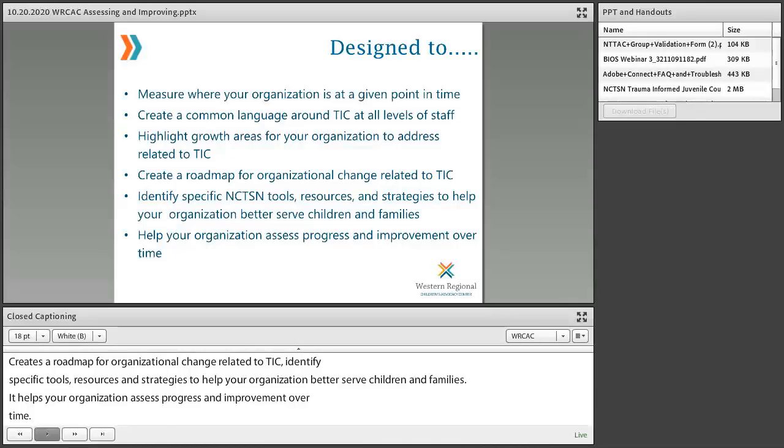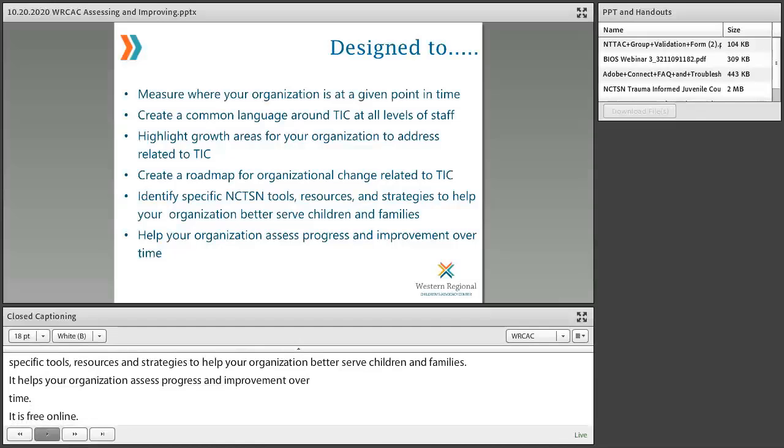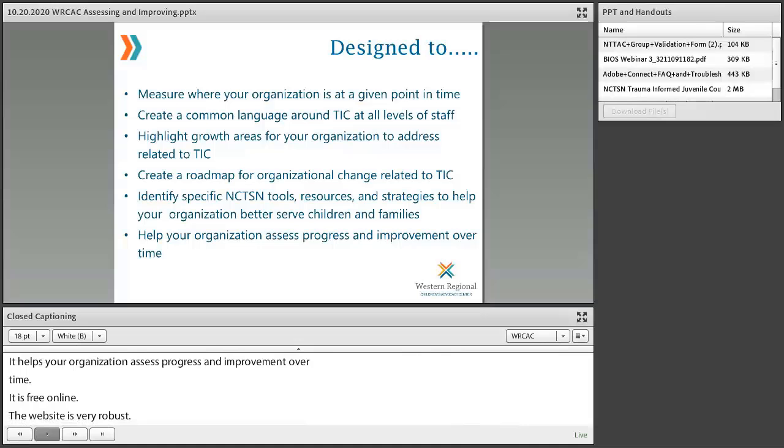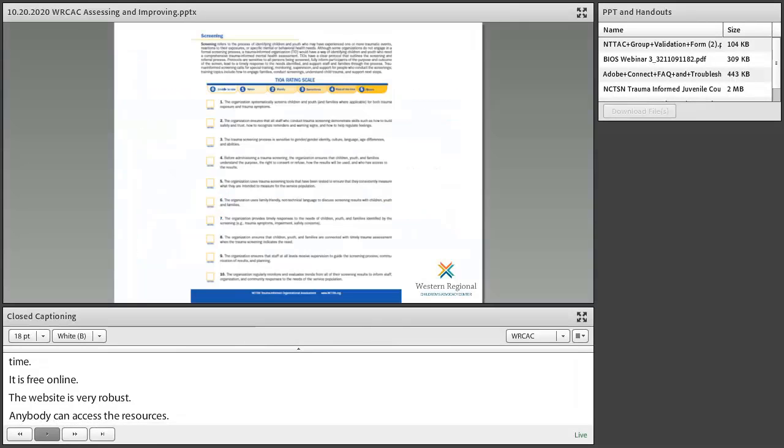It's free online. Their website, as I mentioned, is very robust, so anyone can access those resources, can download the curriculums that they have, the fact sheets, etc. So really, you don't have to be an NCTSN partner to benefit from this. And it'll help your organization assess progress and improvement over time. And I'll talk a little bit more about some of the goals that we set for ourselves.